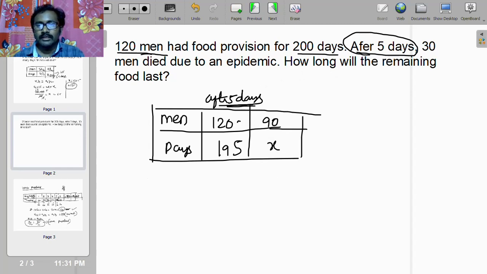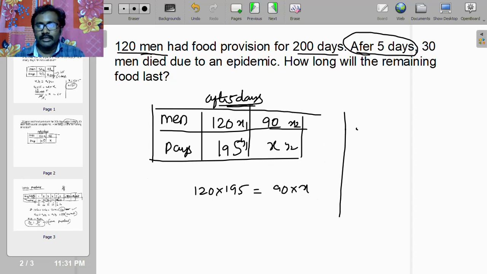So you know the formula: x1 y1 equals x2 y2. Substitute the values here. 120 into 195 is equal to 90 into x. Now the x value will be 120 into 195 by 90. The zeros get cancelled. 3 3s are 9, 3 4s are 12.